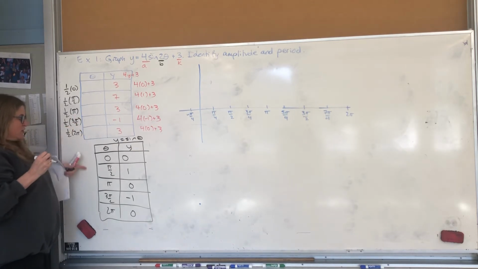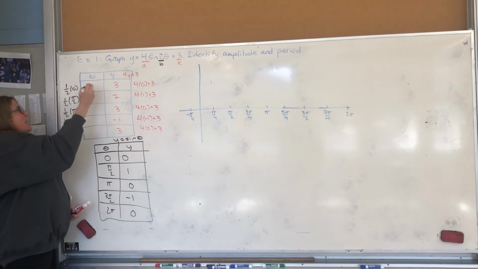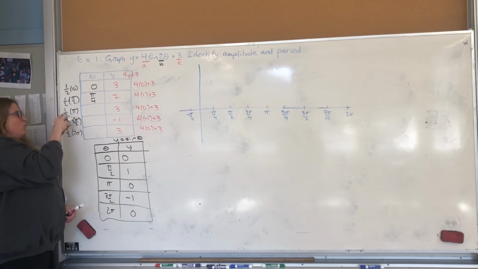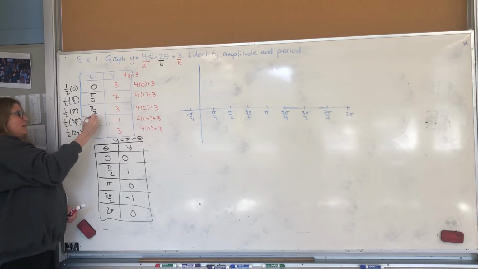So 1/2 times 0 is 0. 1/2 times pi over 2, I'm just going to multiply straight across: 1 times pi and 2 times 2, so pi over 4. 1/2 times pi is pi over 2. Again, multiply straight across: 1 times 3 pi, 2 times 2, so 3 pi over 4. And then 1/2 of 2 pi is pi.